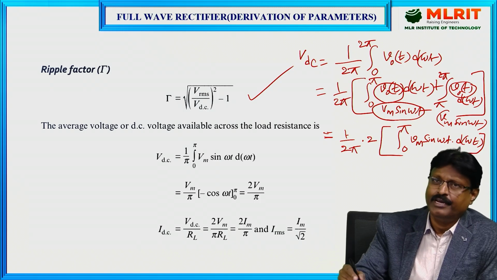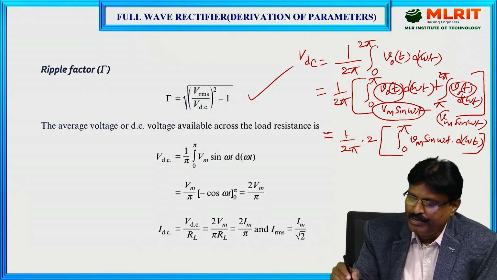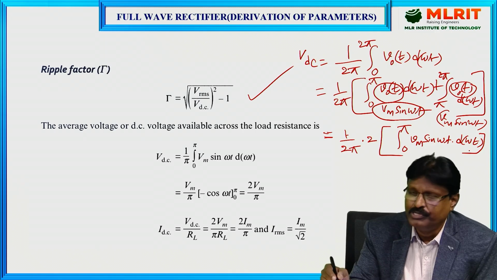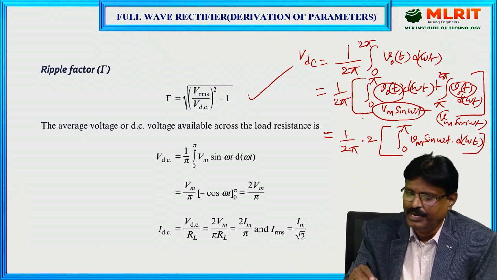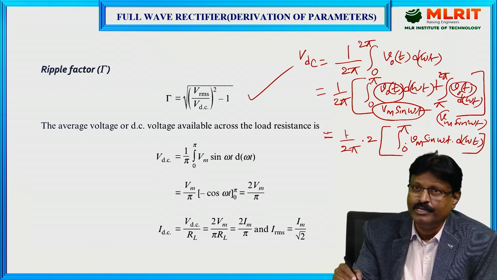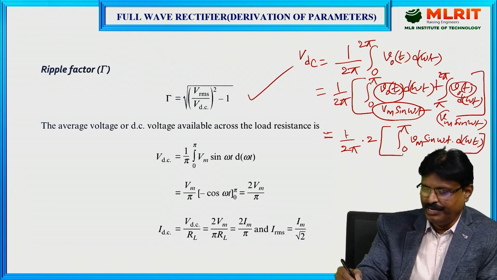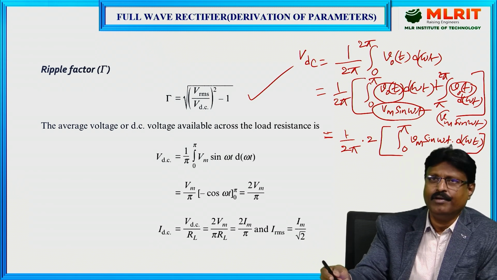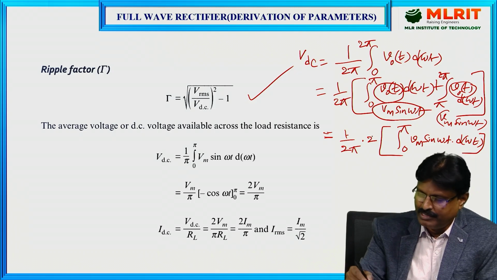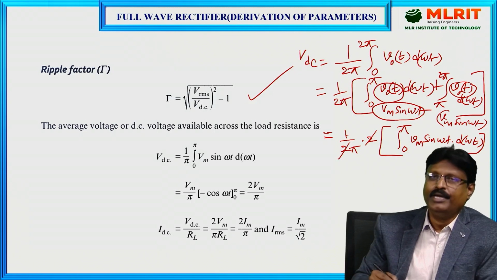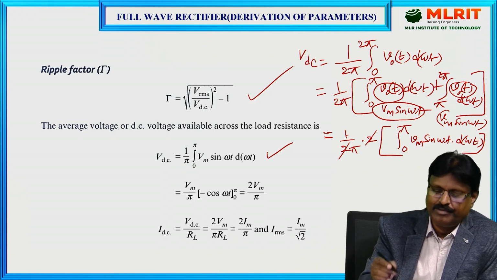That's why instead of two integral parts, I am taking one part and multiplying it with 2. So 2 into integral 0 to pi Vm sin omega t d of omega t. Here this 2 and this 2 will be cancelled, and finally you will get this equation.